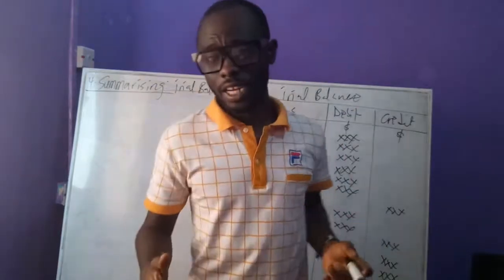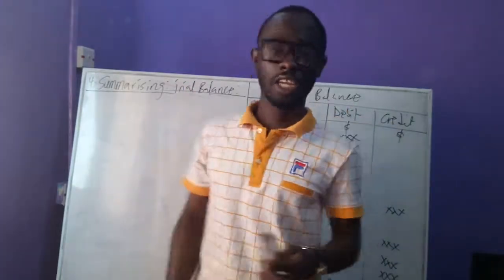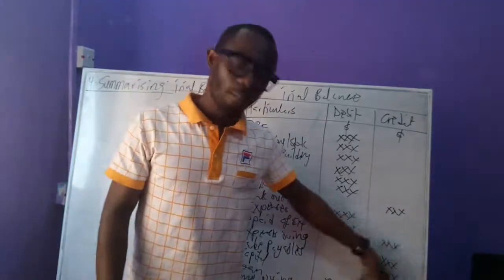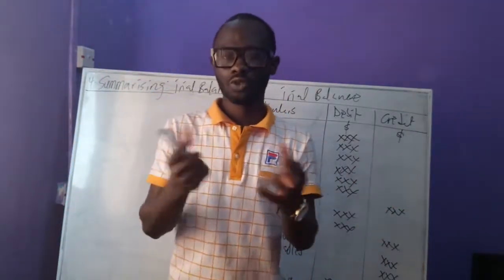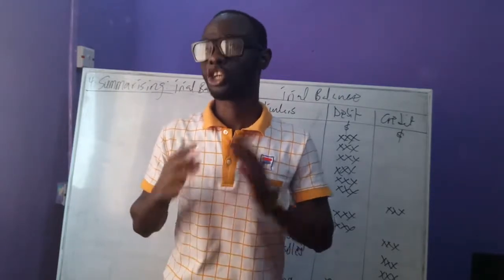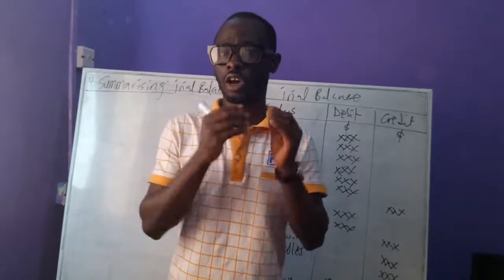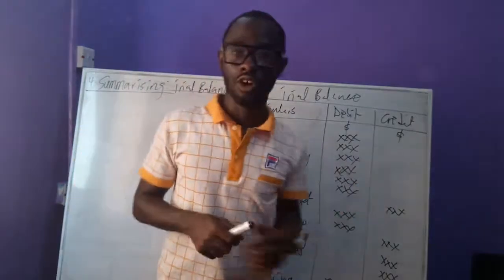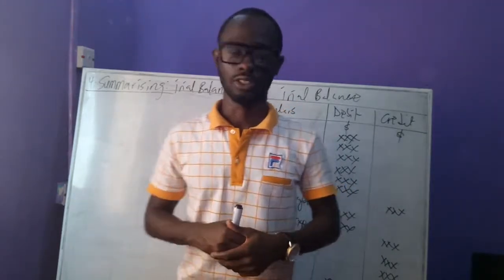Now, if at the end of the day we summarize the financial records into the trial balance, and we realize that it is not balancing, the debit side is not the same as the credit side, the difference will be taken into an account called the suspense account. And we will do another topic later on called correction of errors and suspense account. Then you will see the value of the trial balance and that figure that I'm talking about.